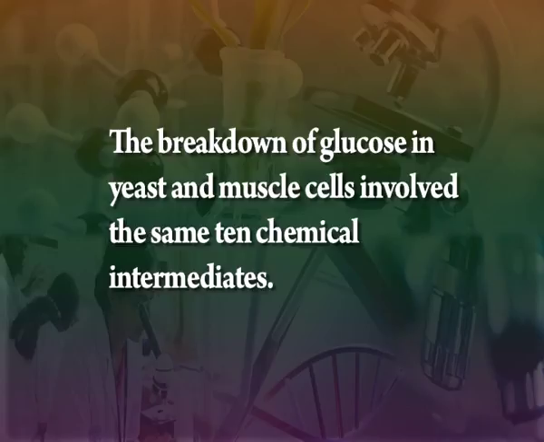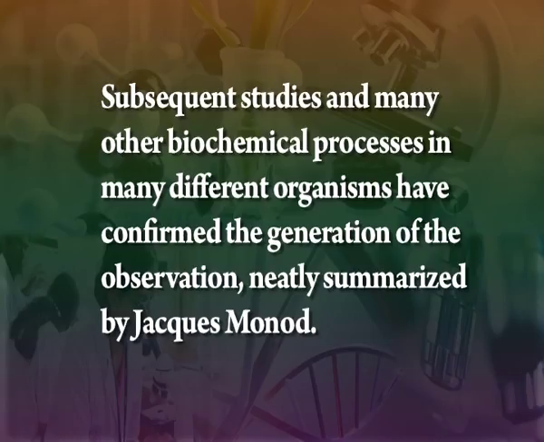The breakdown of glucose in yeast and muscle cells involved the same 10 chemical intermediates, the same enzymes through evolution.